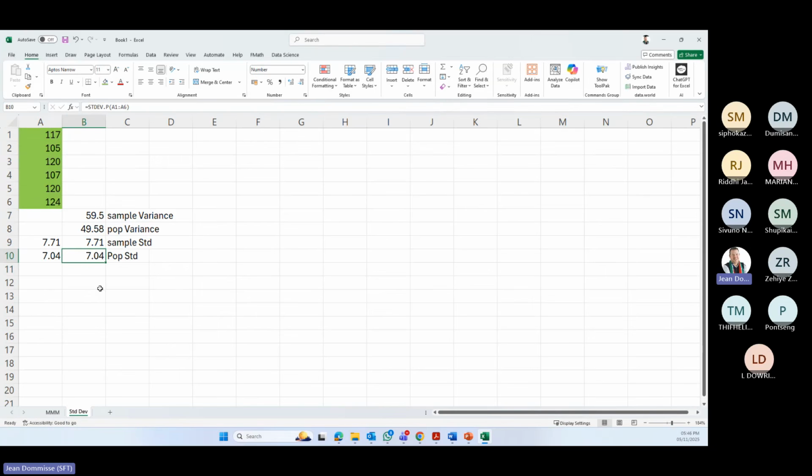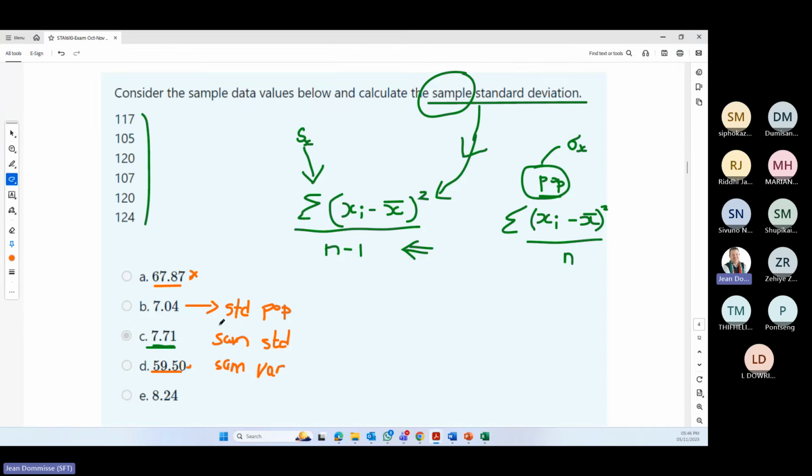So again, we'll share the spreadsheet so that you guys have access to it as well. Very important what you need to work out, because like in one of the previous ones when we looked at mean, median, and mode, for each of them there was an answer.